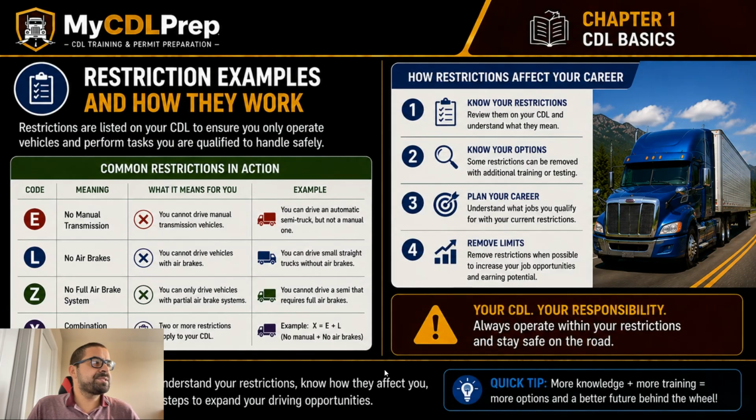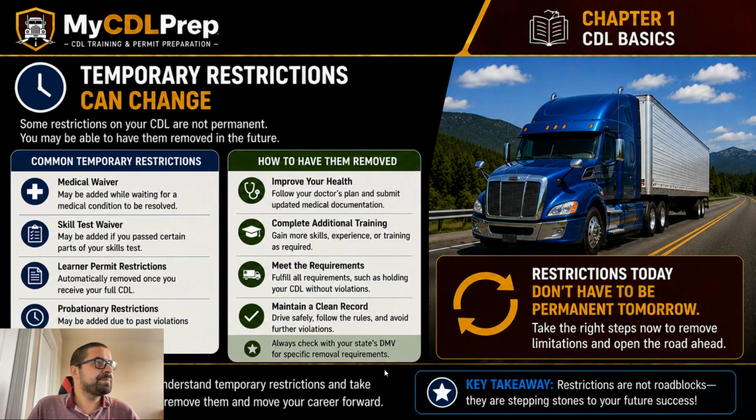Here are a few restriction examples and how they work. Again, we went through this already. I'll just go through this real quickly. Temporary restrictions that could change: a medical waiver may be added while waiting for a medical condition to be resolved. A skill test waiver may be added if you pass certain parts of the skills test.